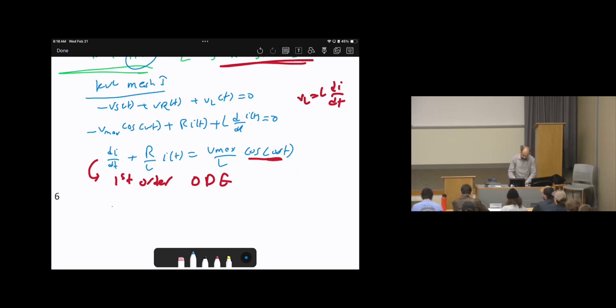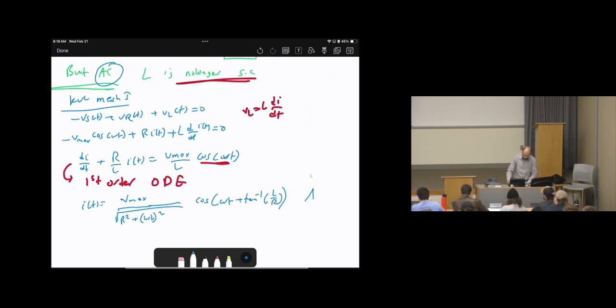Then i(t), after doing this analysis, will be V max over the square root of R squared plus (omega L) squared, times cosine(omega t plus tan inverse of L over R), in amperes.